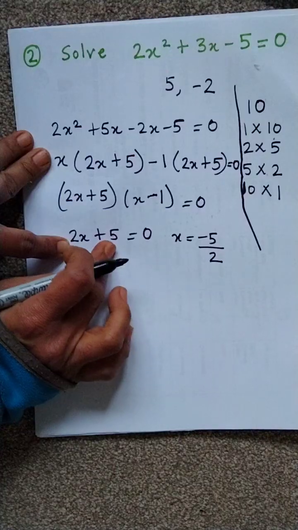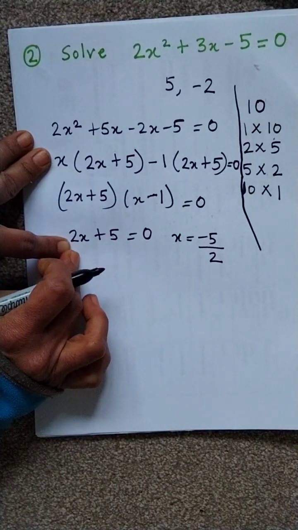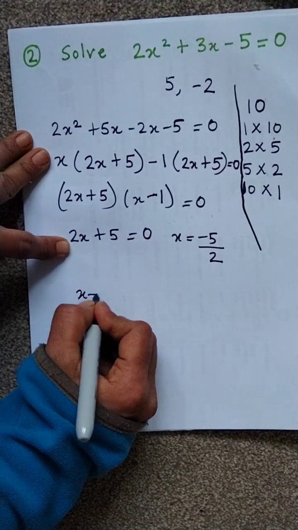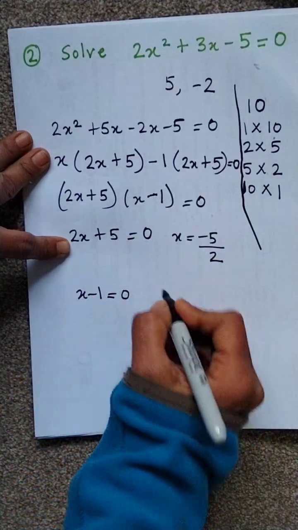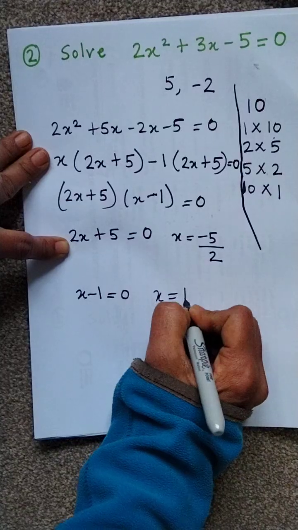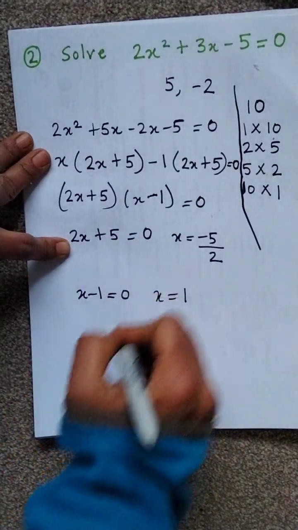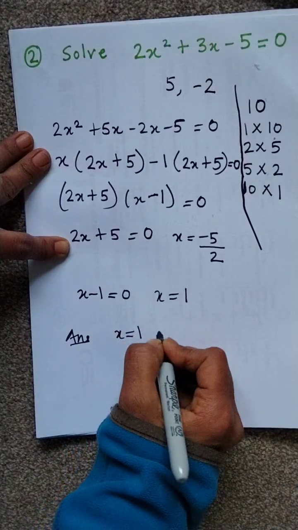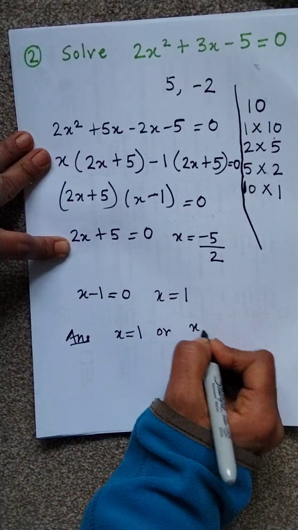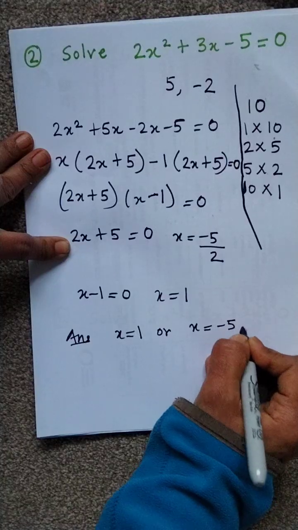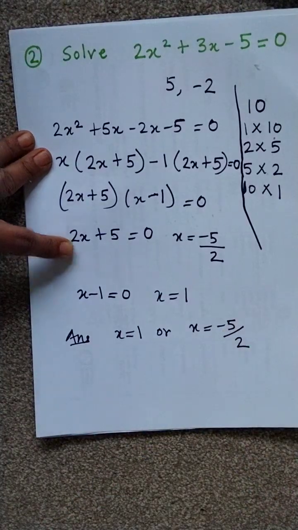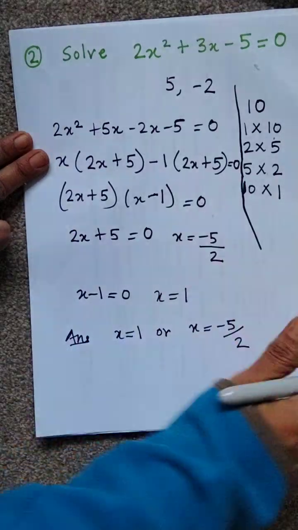Now, x minus 1 is equal to 0, then x equal to 1. So the answer is x equal to 1 or x equal to minus 5 over 2. Hope you understood.